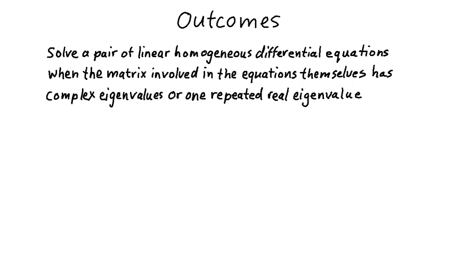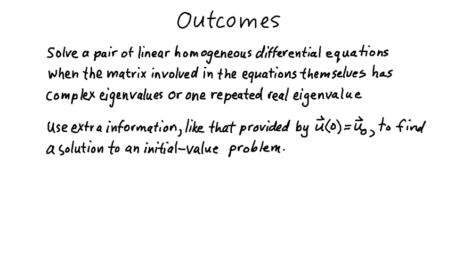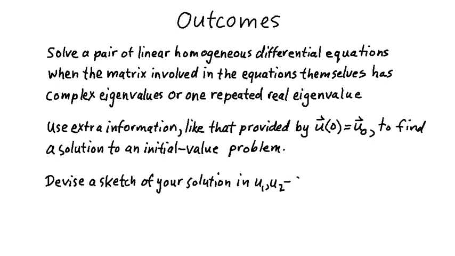We studied that case in an earlier video. Don't forget, you'll still be expected to use information like that expressed in an initial condition to solve initial value problems involving systems of differential equations. You'll also be expected to sketch out the solutions you come up with in u1, u2 space.